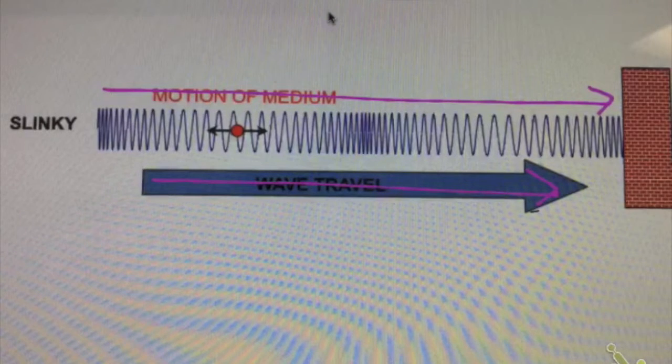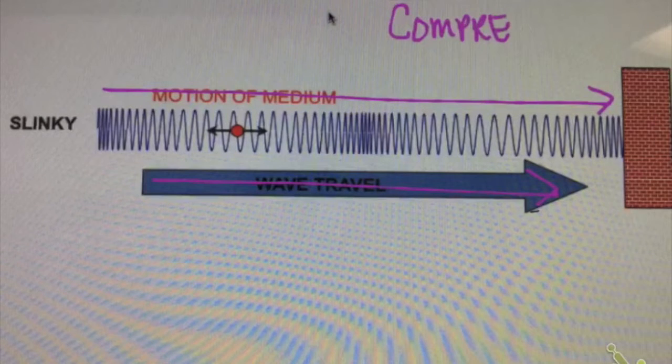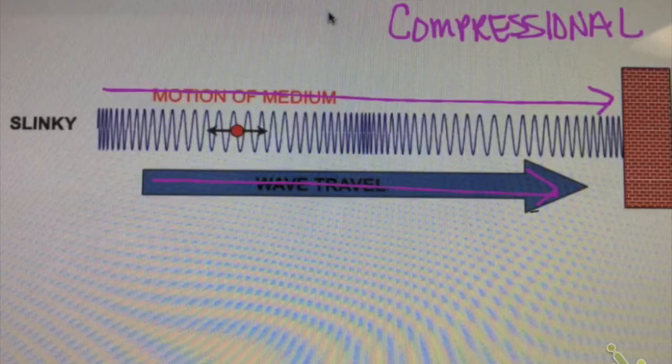These are also called compression waves, or compressional waves. When this happens, only one spring or coil actually compresses at a time.